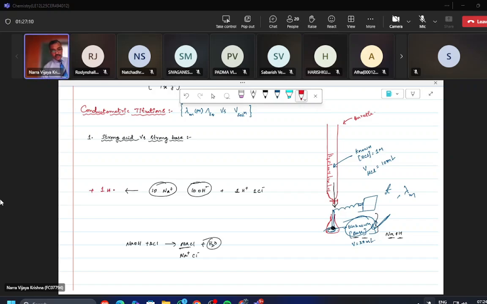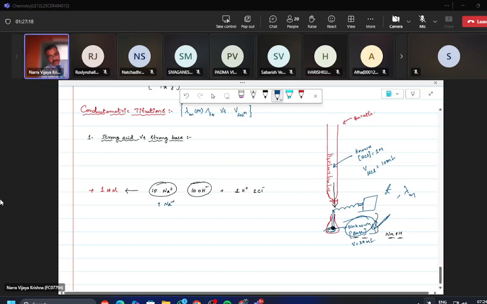Now after adding one HCl, tell me what are the ions left? 9 Na plus, 9 OH minus, plus 1 Na plus, 1 Cl minus. Correct? 1 OH minus and 1 H plus are gone as 1 H2O.